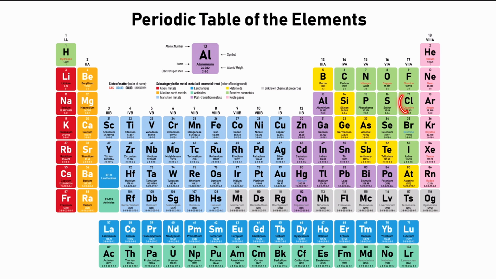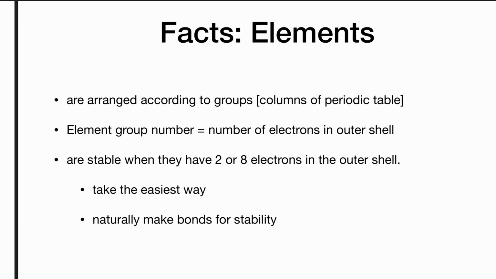So chlorine is likely to make bonds with other atoms which will supply it with the 1. It is more likely to take electrons from other materials than to give up its existing 7, because that would be more effort.